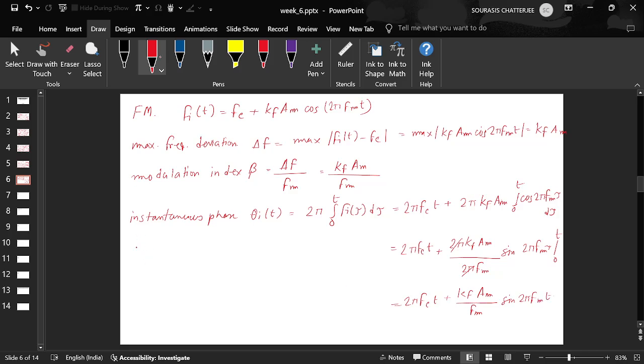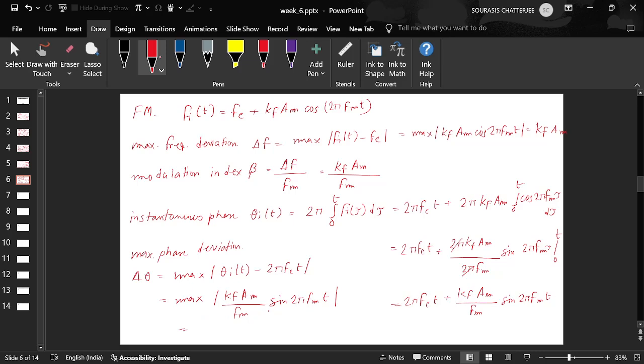Now if I plan to compute the maximum phase deviation, that is del theta, it is given by the maximum of the instantaneous phase theta i(t) minus 2 pi fc t, which is given as the maximum of kf Am over fm sine 2 pi fm t.